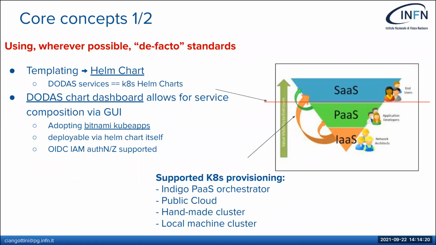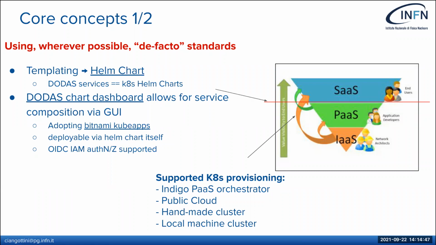Talking of standards and how we implement things, if we want to template the configuration for a DODAS service, of course our choice went to Helm chart. So in our terminology, a DODAS service is in fact a Kubernetes Helm chart.